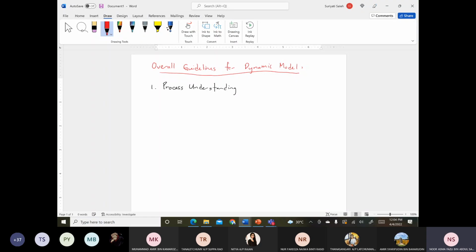In the process understanding, we take a look at what unit operation is involved, what kind of process, the in and out from the system, and the certain assumptions. So before we solve our model or proceed with the derivation, we need to understand the process involved.